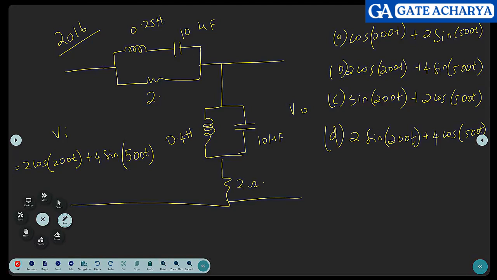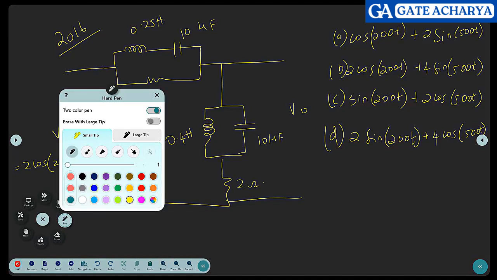J50. And what is XC? XC is 1 by J C omega.